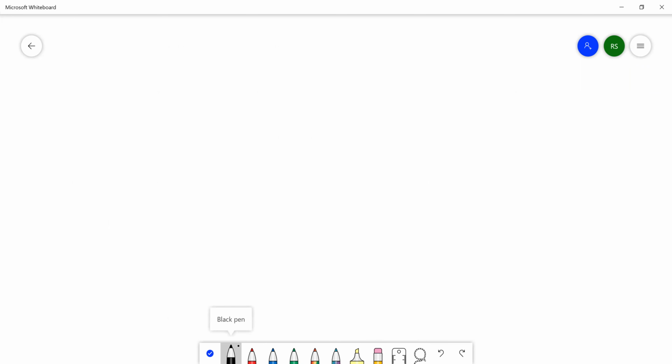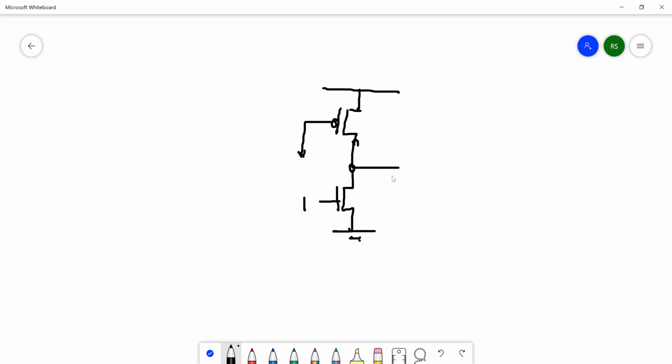Okay, so in this case, what happens is when the PMOS network is conducting, when the NMOS network is conducting, so NMOS input is 1, so output is going to 0. But when the output is going to 0, this is all conducting, right?